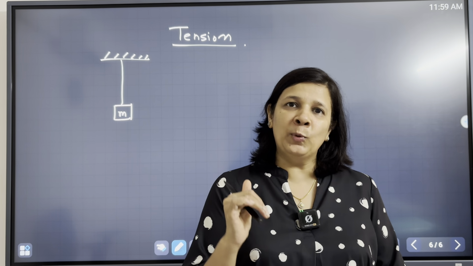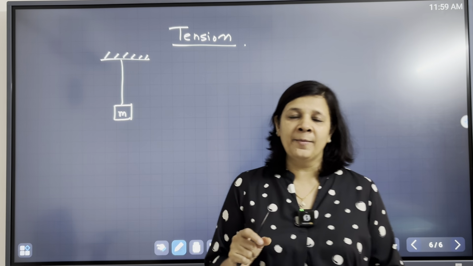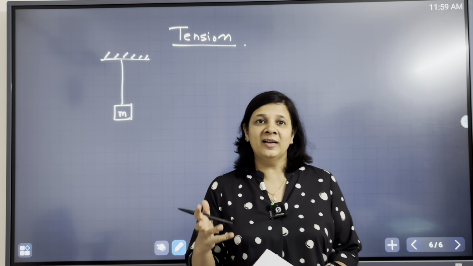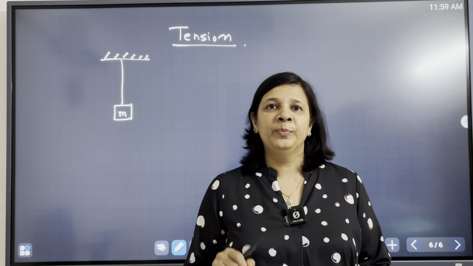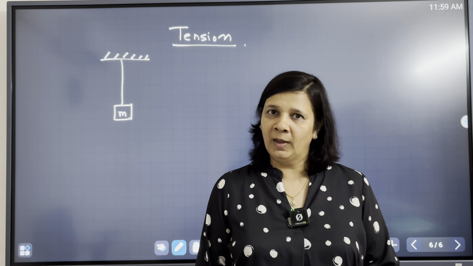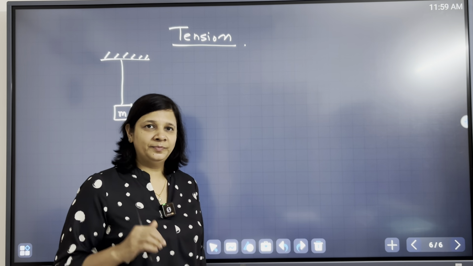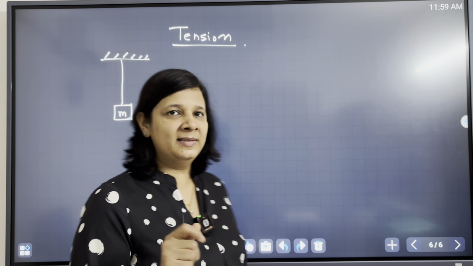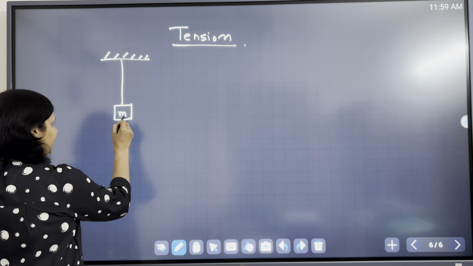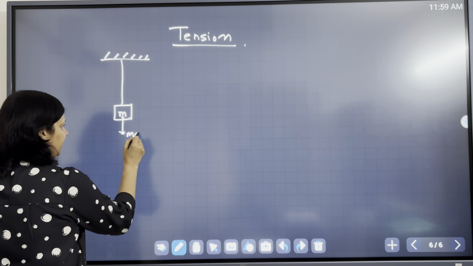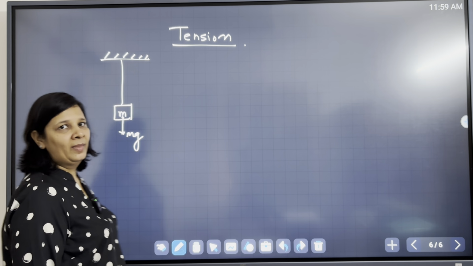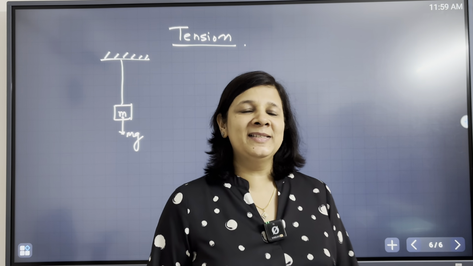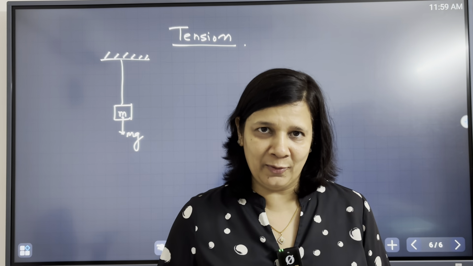Now, just pause the video and think about what the different kinds of forces acting on this block of mass m are. The first thing that comes to your mind is the gravitational force, that is mg, which will act downward. Apart from this, you have not learned any other force till now.